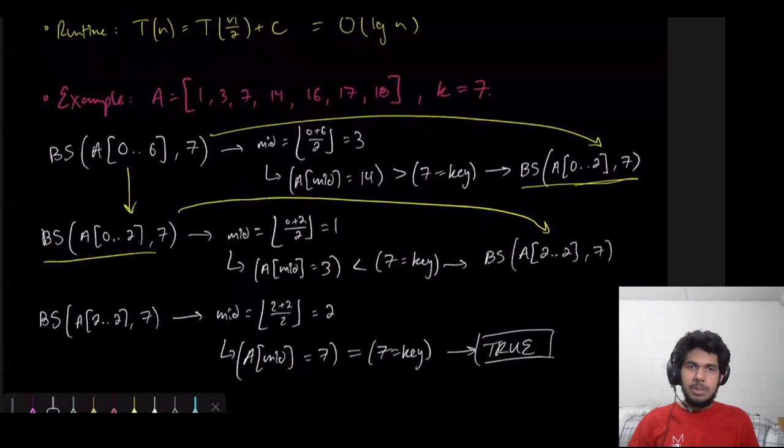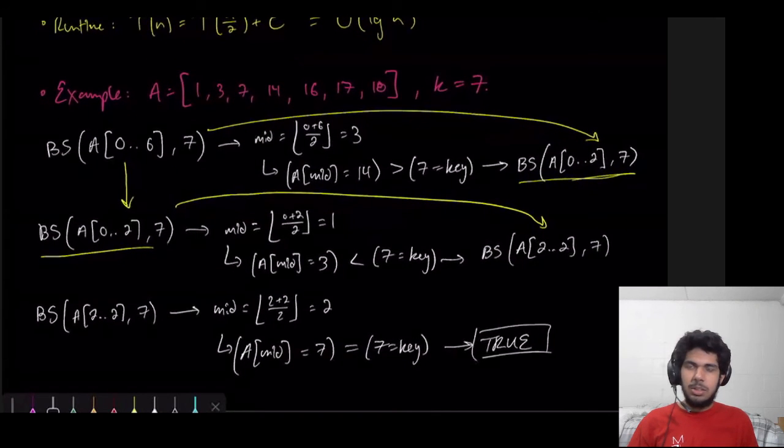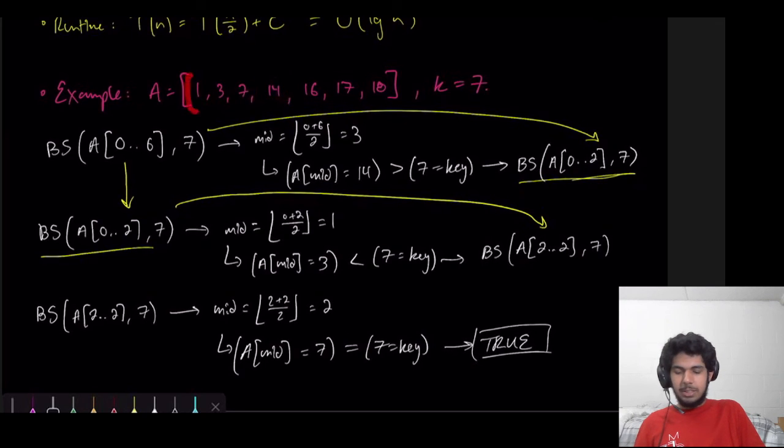Good. Before we finish this, let's consider what happens if our key was 8 instead. We would search through this here for 8. We would look at mid, which would be 14. 14 is greater than 8, so we would have to explore this subarray here.